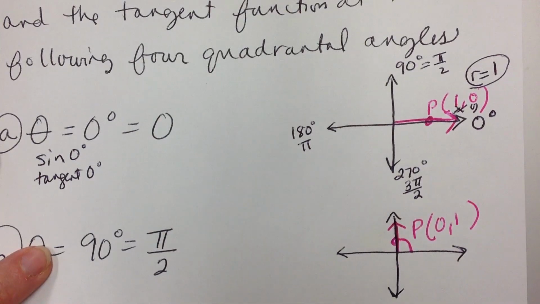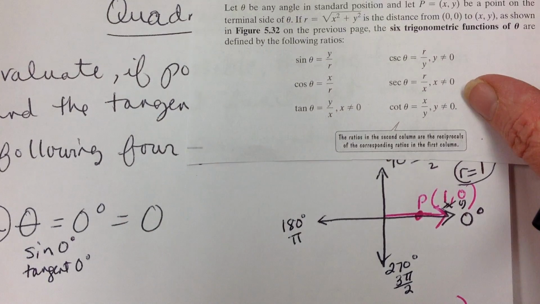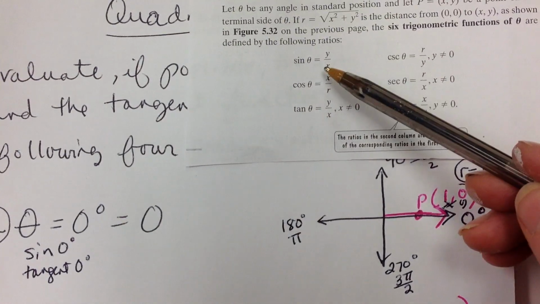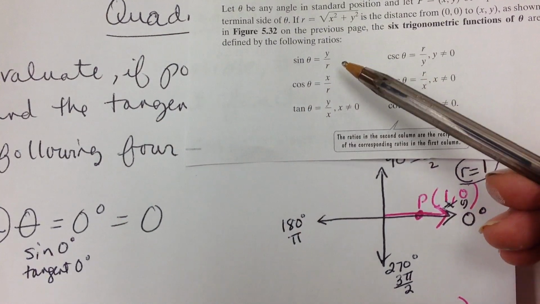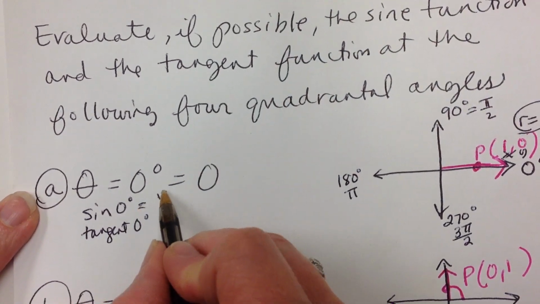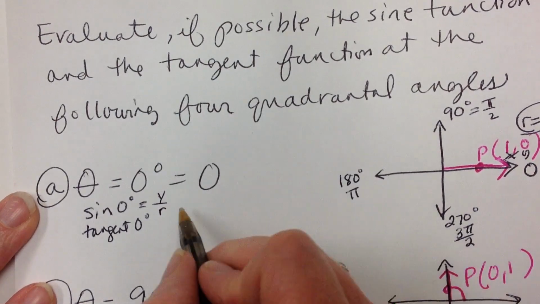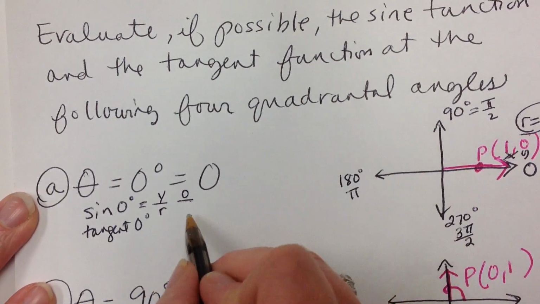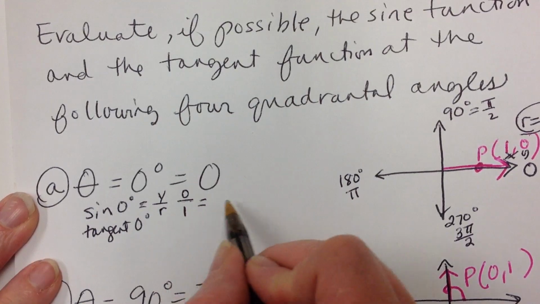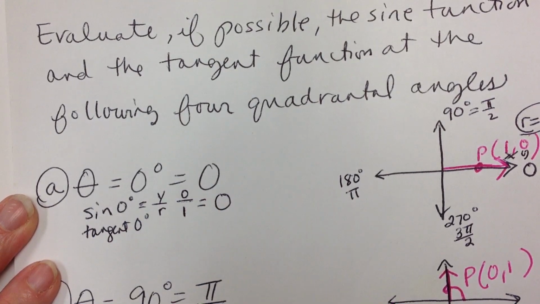So going back to our rules that we talked about earlier, sine of theta is y over r. Your y in this problem is 0, your r is 1, therefore sine of 0 is 0.